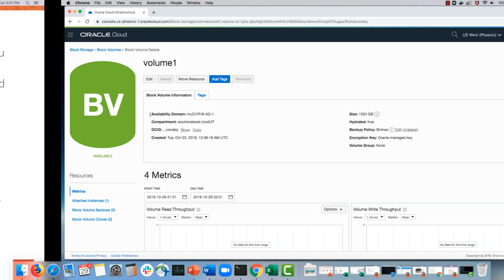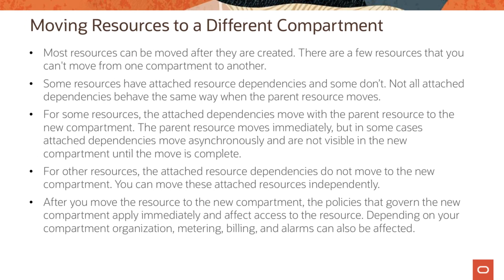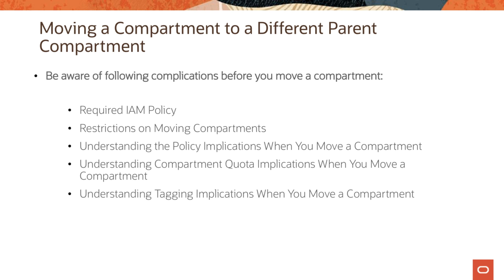So let's go back to the presentation. That was about moving resources between compartments, but you can actually move a compartment to a different parent compartment as well. This topic is covered in good detail in the level 100 of the IAM session.